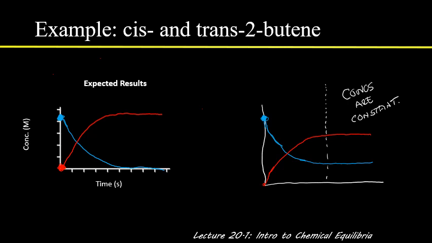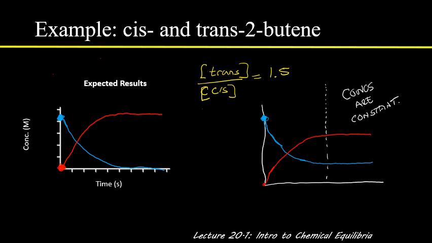And what we find in this particular case is that, I didn't really draw it correctly here, but the ratio of the concentration of the trans molecule to the cis molecule is about 1.5.